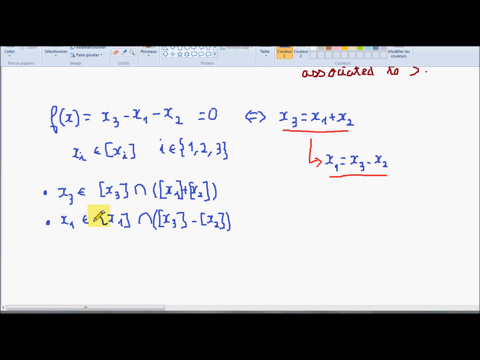Also from this equation, I know that x2 is equal to x3 minus x1. So I can write that x2 belongs to [x2], but it also belongs to [x3] minus [x1].